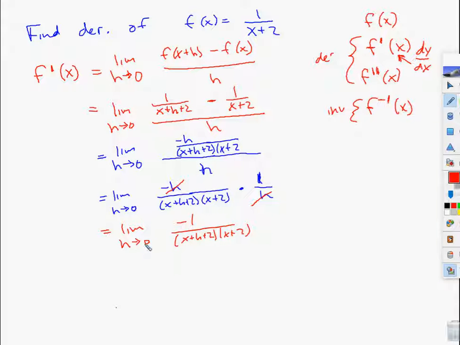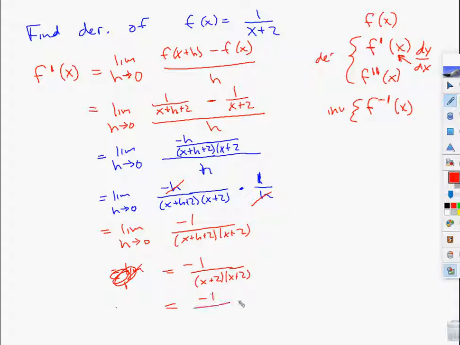Now, hopefully you see if I go ahead and evaluate this limit by replacing h with 0, I get x plus 2 times x plus 2. So it equals negative 1 over x plus 2 times x plus 2.